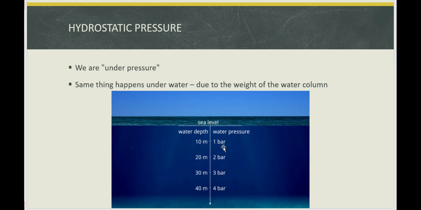So just going down 10 meters is the same pressure that we have from the entire atmosphere over us. All right, so pressure increases very, very strongly in the ocean. And you can imagine if you're very, very deep in the ocean, you have a huge amount of pressure pushing in on you. All right, so you need to be adapted to that.